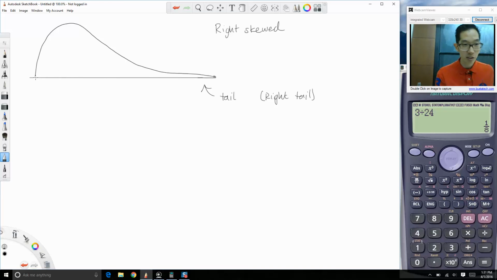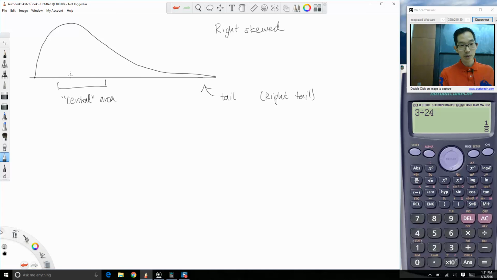So what does it mean to be right skewed, okay? We would think, where are the bulk of our values? The bulk of our values are in this range right here. This is the central area, where your typical values lie.